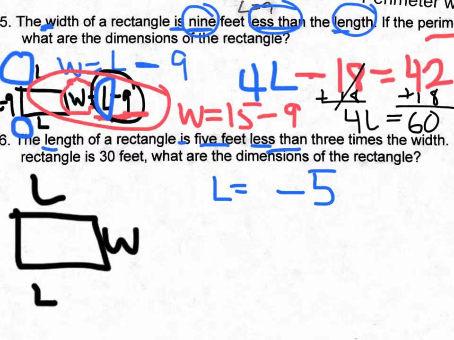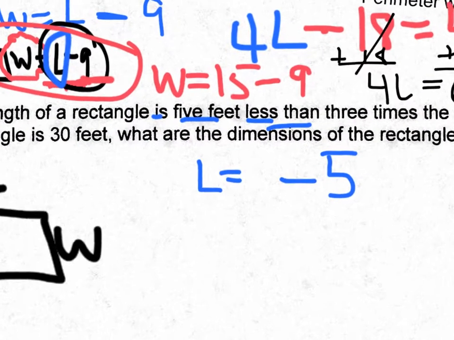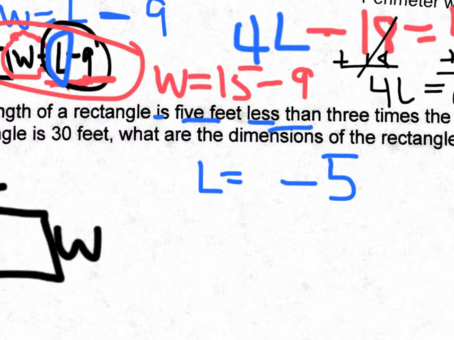So in the front part, you're going to put 3W, 3 times the width. So you really have L equals 3W minus 5, okay?